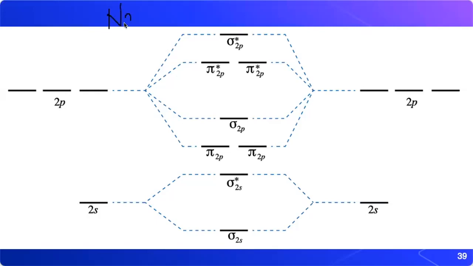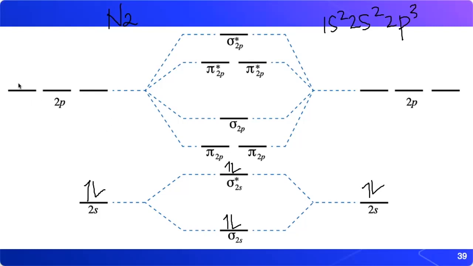N2. N2 is 7. So 1s2, 2s2, 2p3. 3, 4, 5, 6, 7. Okay. Sa 2s, fill up the orbitals, the BMO first, followed by the ABMO.